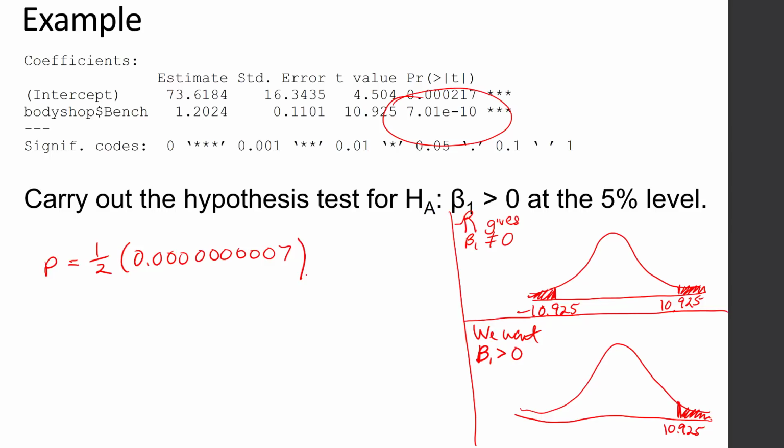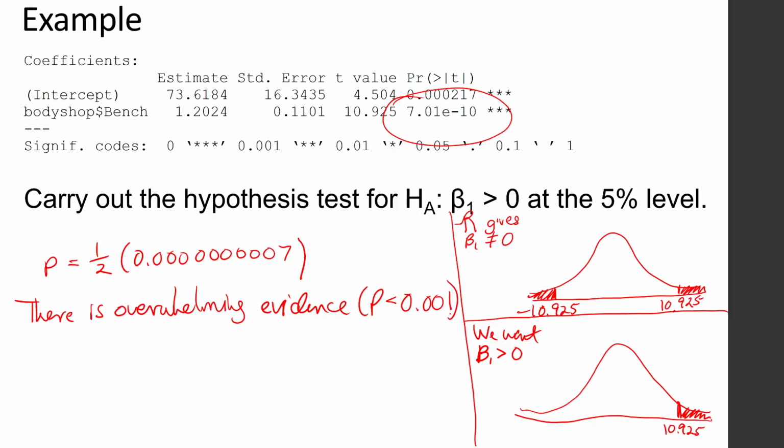And of course, we're going to come to the same conclusion. There's overwhelming evidence to conclude. And this time you would say, let's go ahead and write that down. There is overwhelming evidence to conclude, well, and I guess I could say my p is really, really small. I'm just going to say it's less than 0.001.